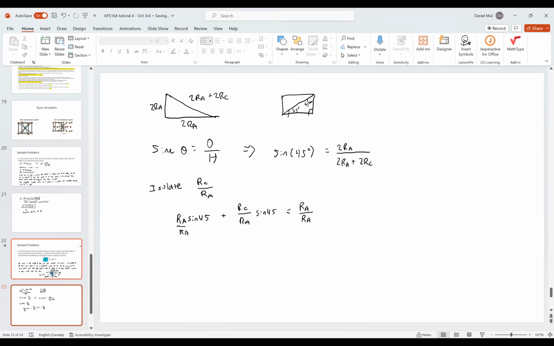So that's one. That's one. And then we get RC over RA equals 1 minus sine 45 over sine 45. And that's equal to 0.414.